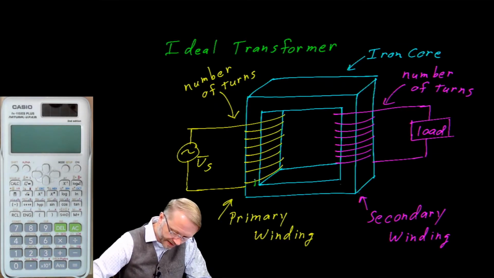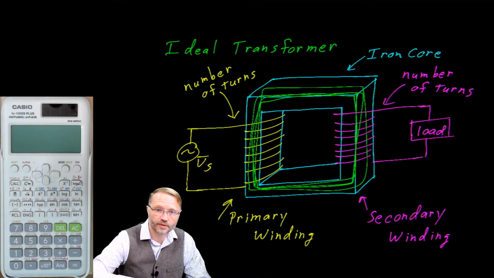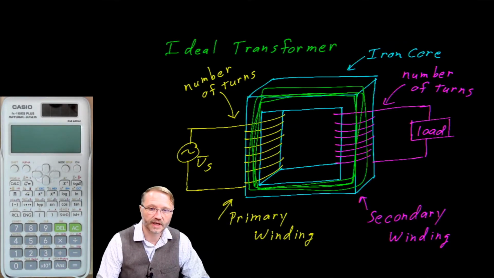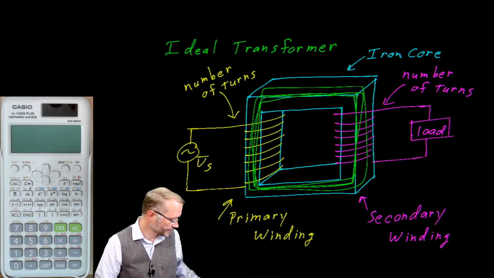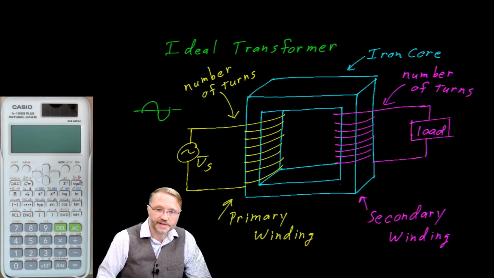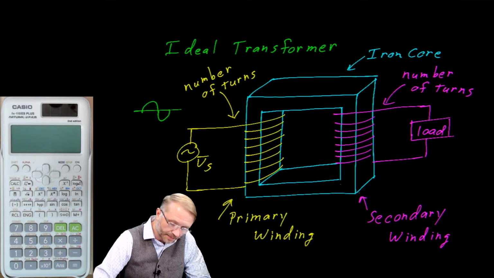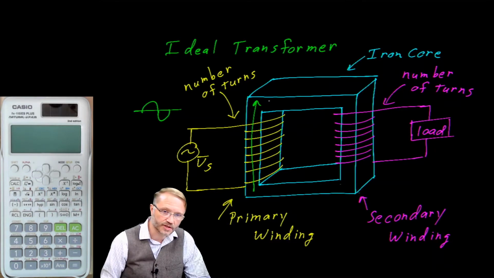It's important to recognize that these coils are magnetically coupled. You recall from our earlier discussions that there are flux lines that flow in a circle, and they will cut through both of the coils. It's important to recognize that this is an alternating current, which means the magnetic flux is always changing. For example, on the positive half of our sinusoid, the flux lines will be flowing in this direction.